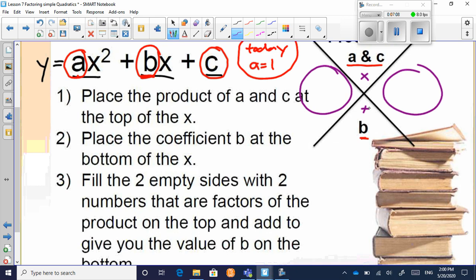That's your whole goal of the X box: to find two numbers that when multiplied together give you the same as this A times C up here, and then add to give you B.